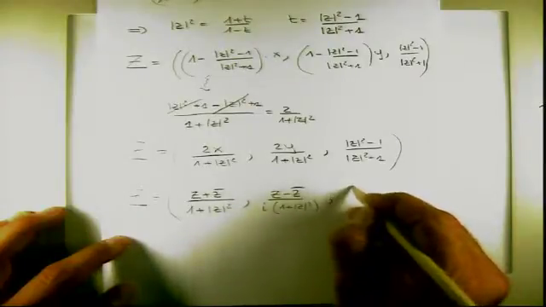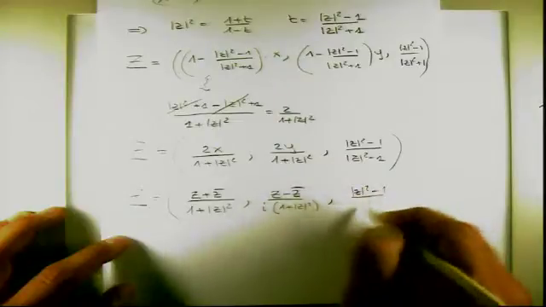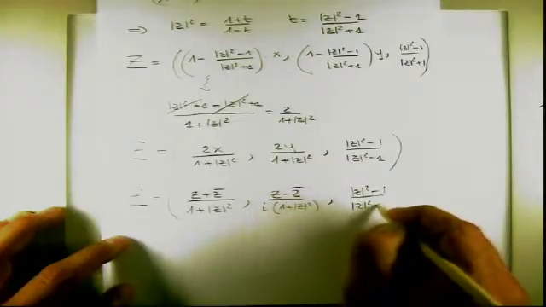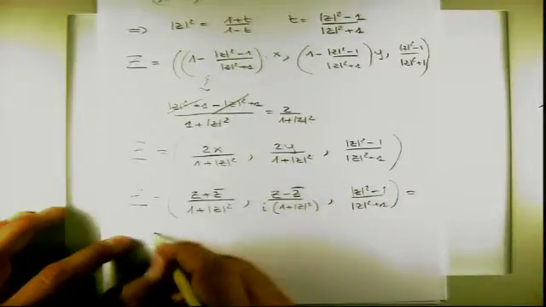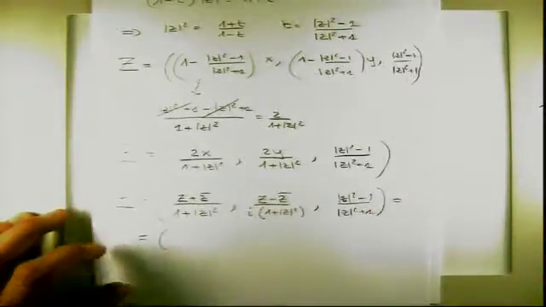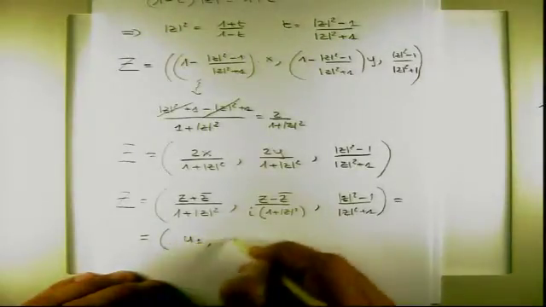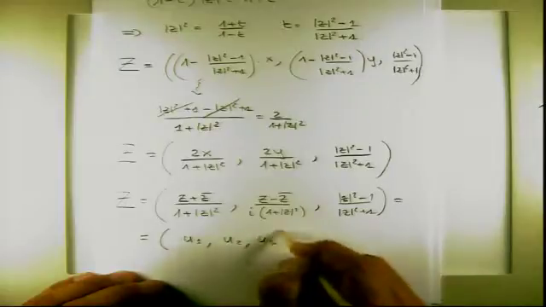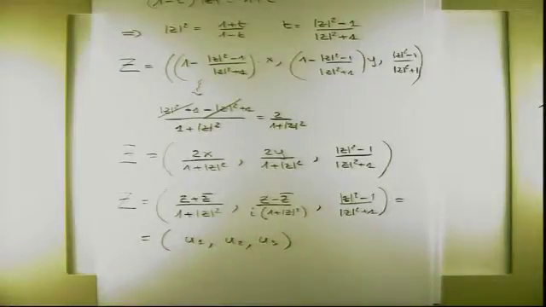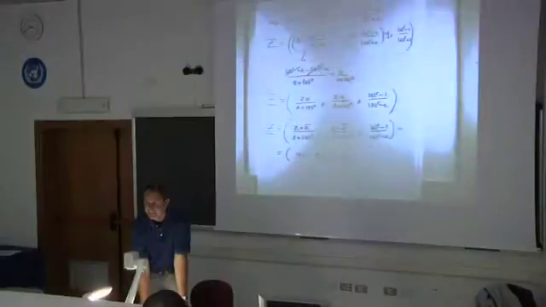And finally this. For the sake of simplicity, we also summarize these three numbers like this: u1, u2, and u3. Remember, and you can check it, u1 squared plus u2 squared plus u3 squared is equal to 1. It must be. It's just a check you can do if you want. Okay, it is the case, right?